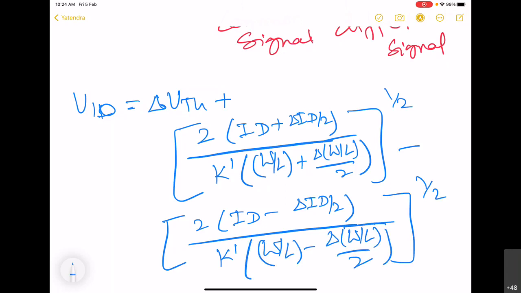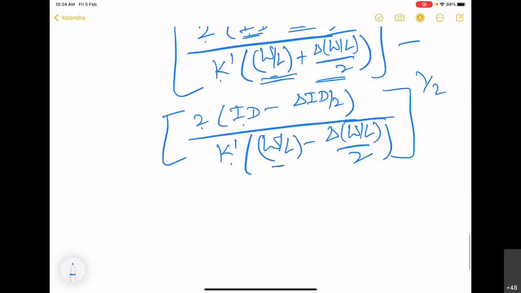Now here we can see that 2 is common to both the terms, K dash is common to both the terms, ID is common to both the terms, W by L is common to both the terms. So all these four terms can be taken outside, and when we do that, this will get divided by ID. Similarly, this delta W by L will get divided by W by L in both the terms.